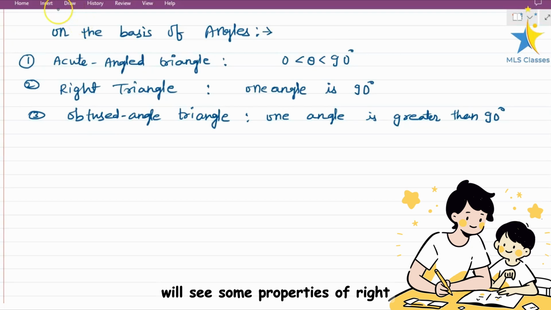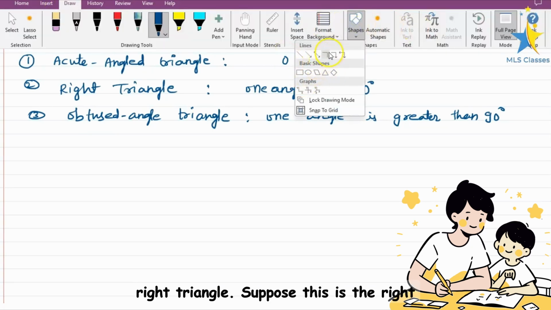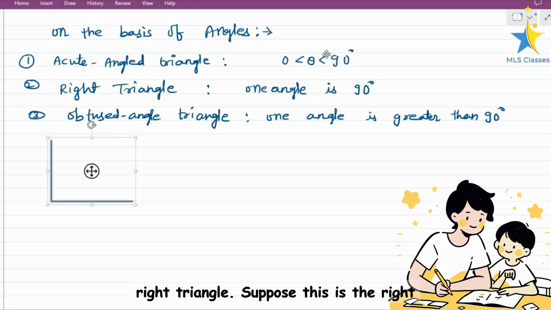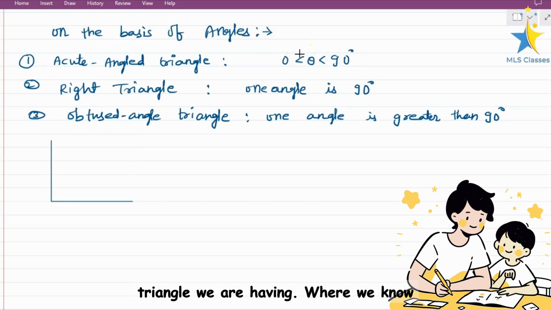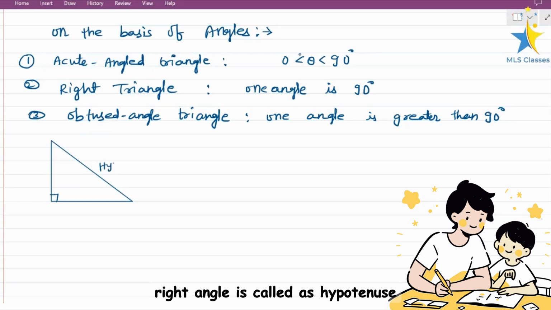Now we'll see some properties of right triangle. Suppose this is the right triangle we are having, where we know that the side opposite to right angle is called hypotenuse and the other two are just legs.